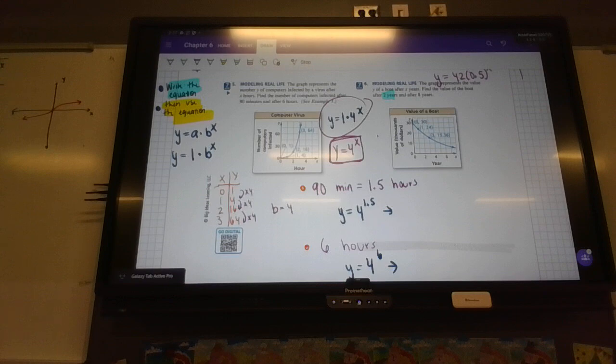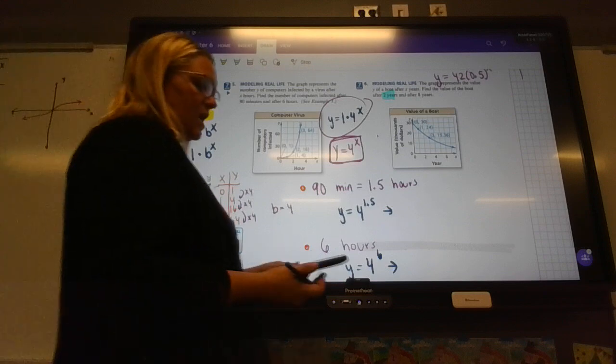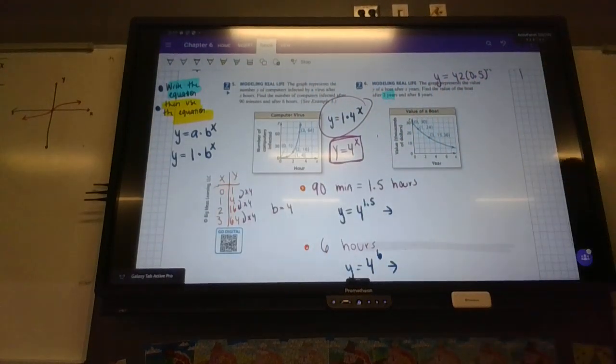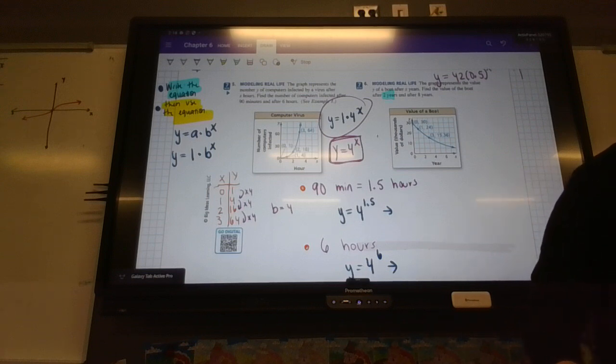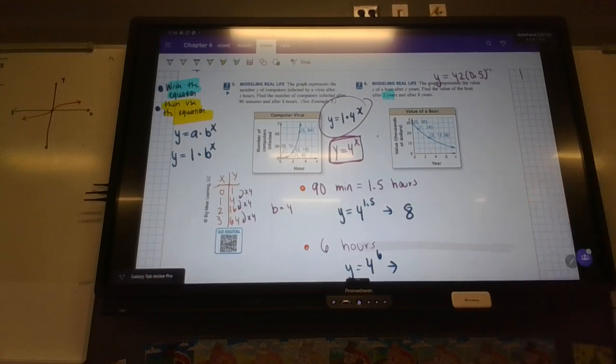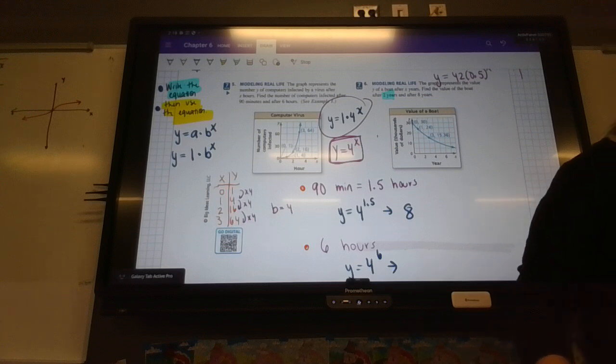It's a lot of computers after 6 hours. So 8 computers after an hour and a half, and 4,096 after 6 hours.